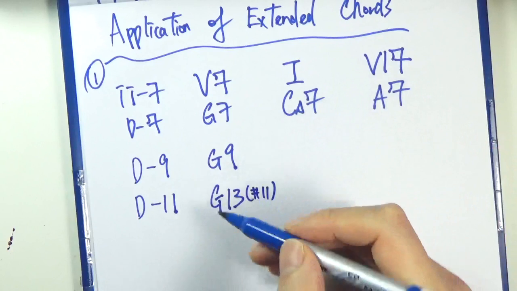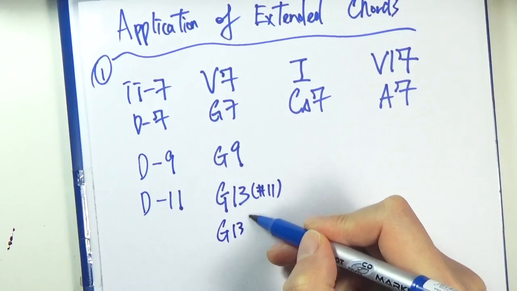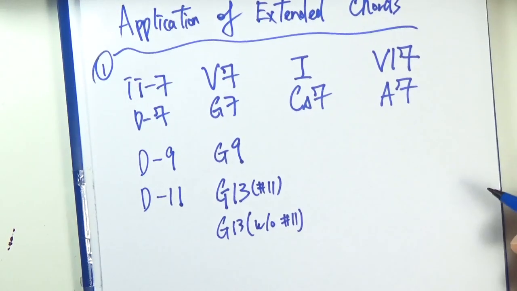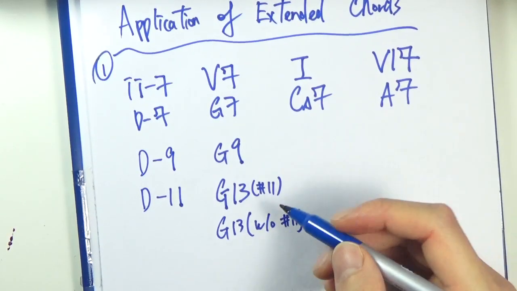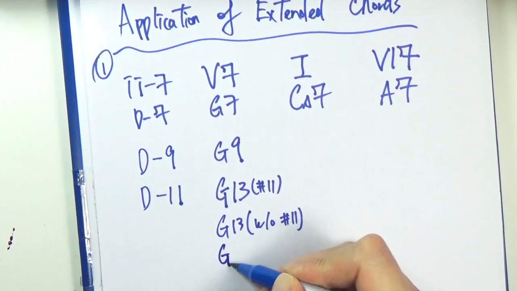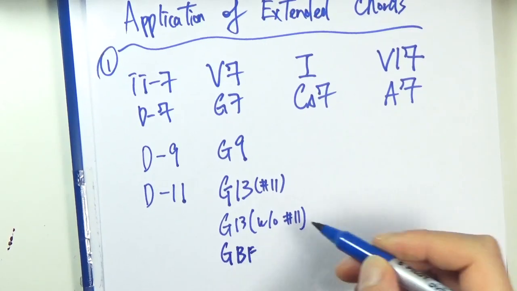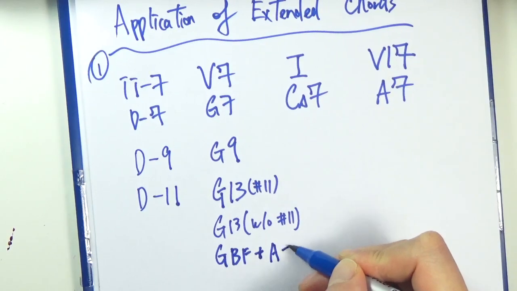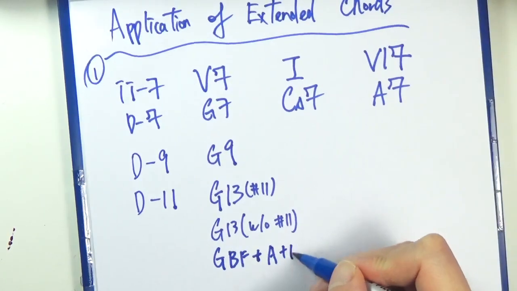That's fine. Sometimes we play the G13 but without the sharp 11. In that case there would be these notes: G, B, F, plus the 9th, A, plus the 13th, E.